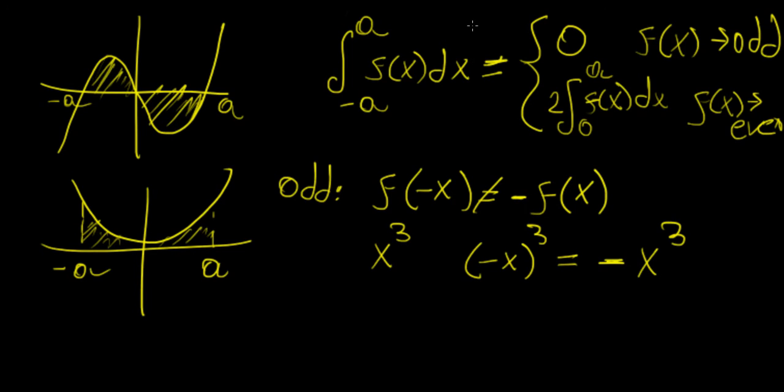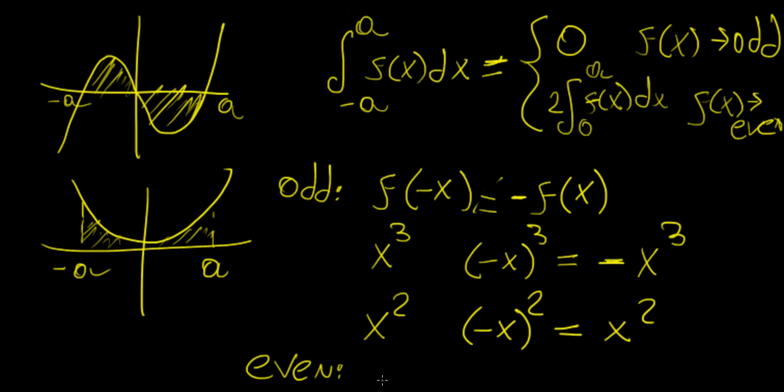Well, it is actually. So this means that our odd function satisfies the property f(minus x) equals minus f(x). How about an even function? Let's say we have x squared, and if we put a minus x here, that's going to turn out to be x squared. So it is not equal to minus f(x). So an even function has the property that f(minus x) equals f(x), different from minus f(x). So that's how we define those two things.